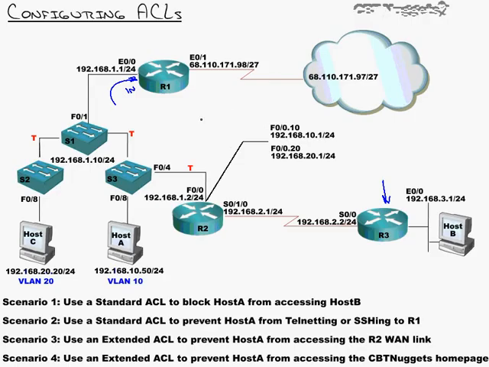As soon as he got to router 1, he'd be blocked. So you can apply a standard access list not only to an interface, but to your VTY ports. Let's go to router 1 and I'll show you how.